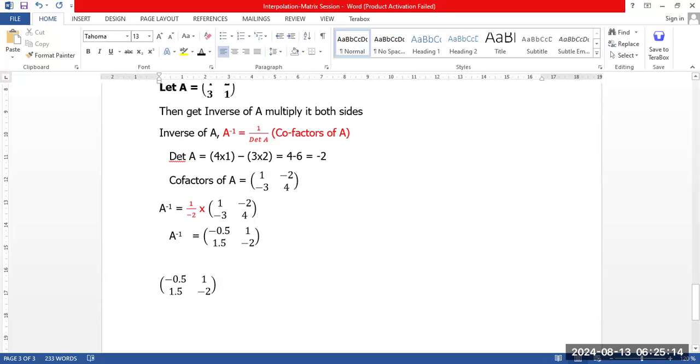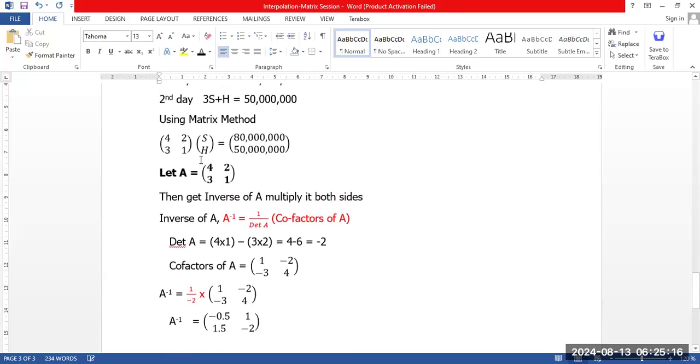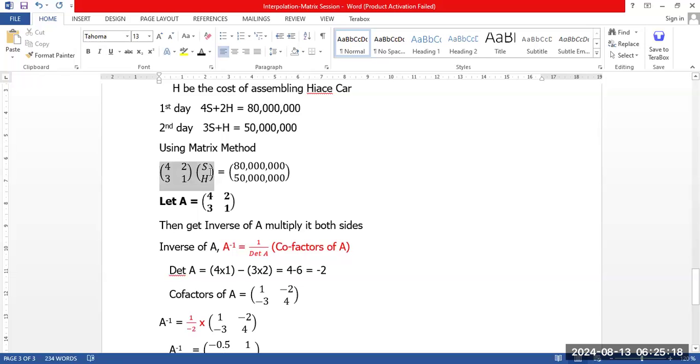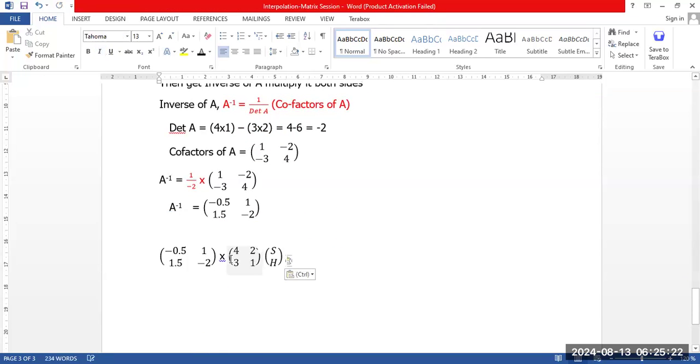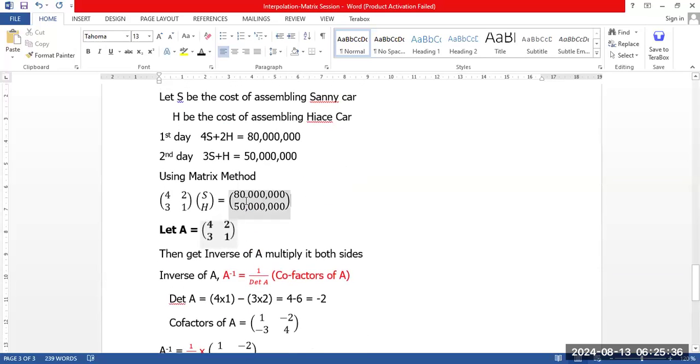Then I multiply by, now I write everything here, is equal to, then I also get this. Because I was saying, multiply both sides, then I multiply by what I had on this side.